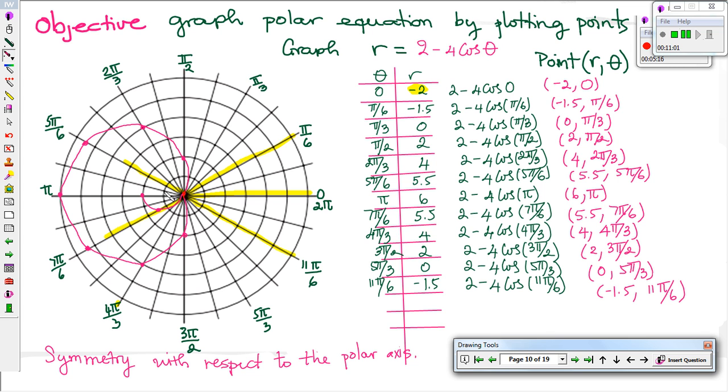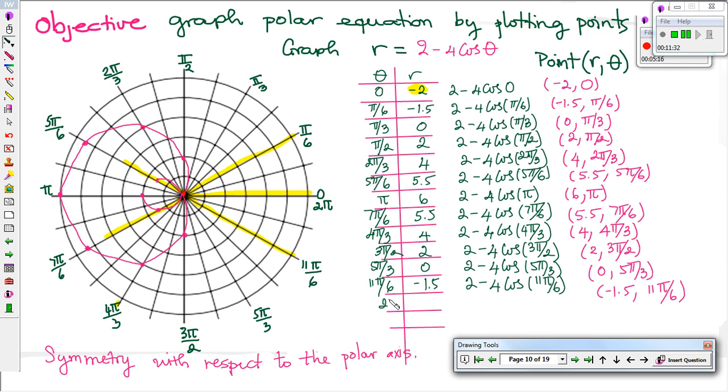And we're looking at the points in this opposite direction. So the value is negative 1.5, or in this case 1.5. So count from the pole, we count 1, 2. So 1.5 is right here. So again, you can see that your polar axis is the symmetry of the graph. So half of the graph above and half of the graph below.